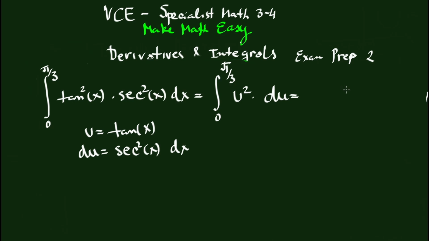So when x is 0, then tangent of 0 is sine of 0, which is 0, so u becomes 0. And now when x is pi third, that's 60 degrees, that's square root of 3 divided by 2 divided by 1/2.